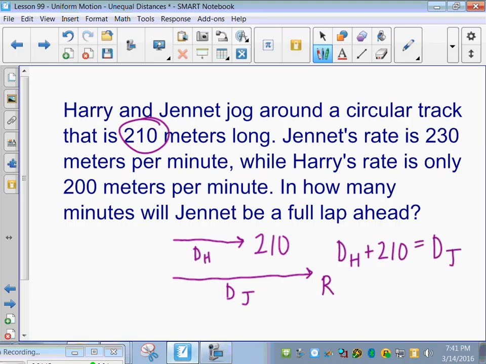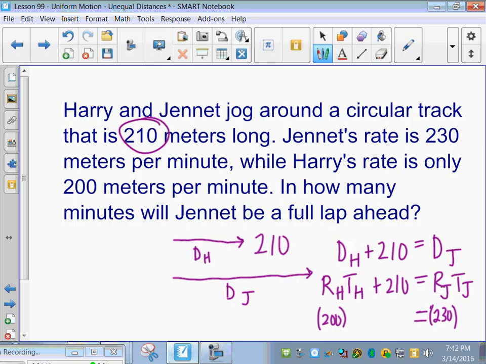And then we're going to replace, of course, our distances with rate times time. And see what we can plug in. So Jeanette's rate is 230 meters per minute, so for RJ, we're going to plug in 230. And Harry's rate is only 200 per minute, so we'll plug 200 in for Harry's rate.